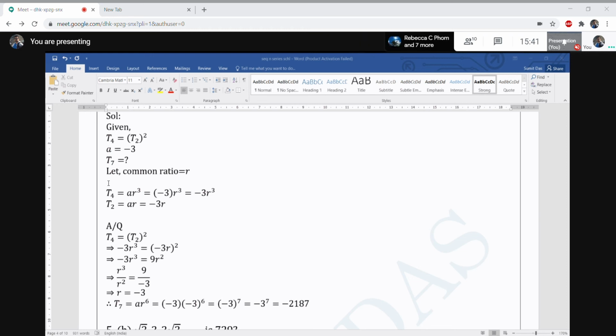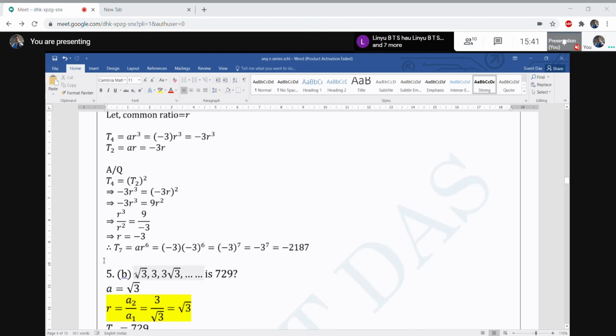So next question is, we have to find which term of the following sequence is this. Okay, for this one I'm doing question number 3 in your book, if you open the book.